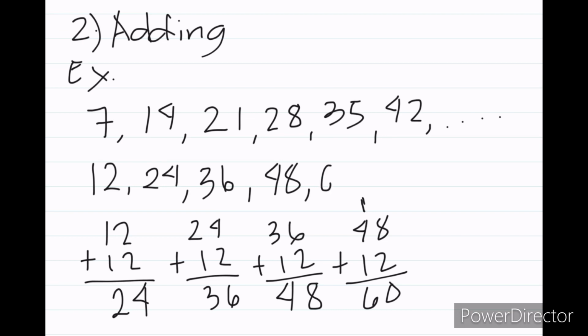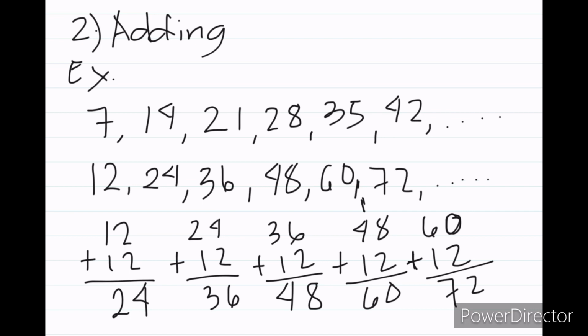So we have 60. Next, start with 60, then add 12. 0 plus 2 is 2, 6 plus 1 is 7. So we have 72. And so on. Continue by adding 12. So that's how to identify the multiples of a number through adding.